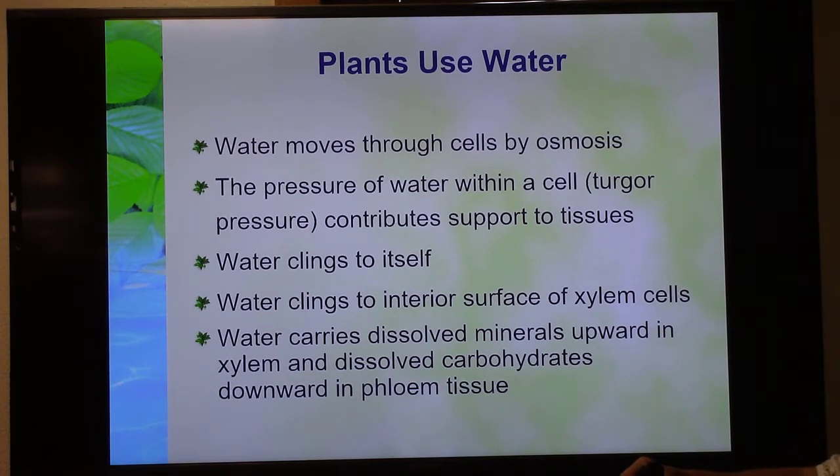Water clings to itself, and it also clings to the interior surface of xylem cells. Old xylem cells are hollow, just like straws, and water clings to the inside of those xylem cells. And the water in xylem is going from the soil upward, and it's carrying minerals with it.